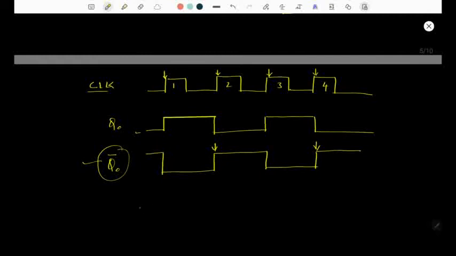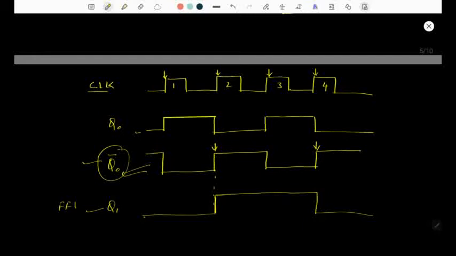If Q1 was reset, then at this point it will get triggered and go to the set position. It will remain set until it gets another triggering pulse. At this point it gets another triggering pulse and again becomes reset. So Q naught bar behaves like a clock pulse for the second flip flop, FF1.